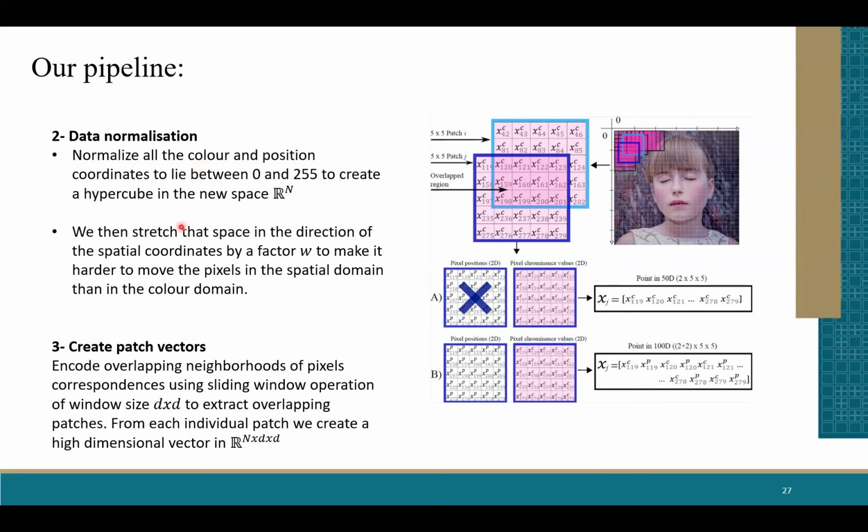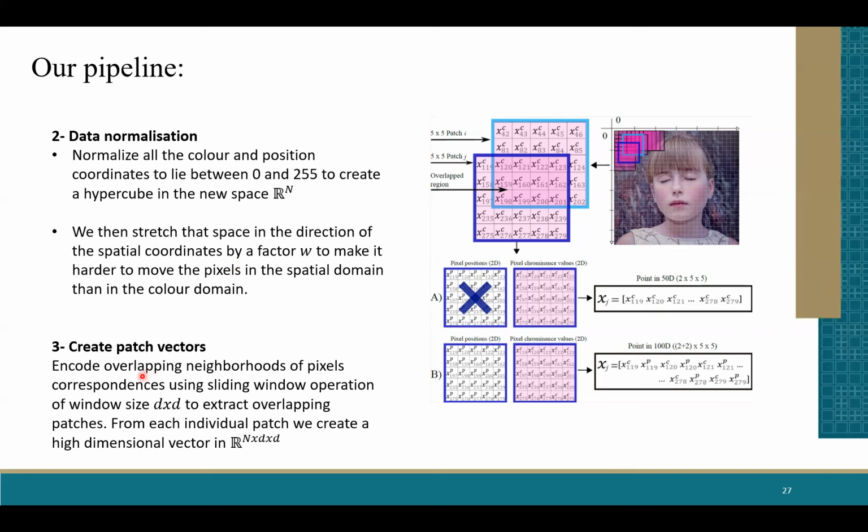So in order to produce consistent results regardless of the size of the image, the color and the position coordinates are both normalized to lie between 0 and 255 to create a hypercube in Rn. Then we stretch this space in the direction of the spatial coordinate by a factor W to make it harder to move a pixel in the spatial domain than in the color domain, because since we are focusing on transferring color between images of the same scene, we know that the scenes are overlapped.